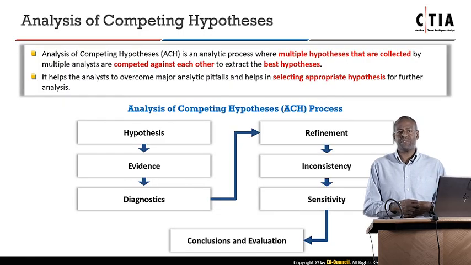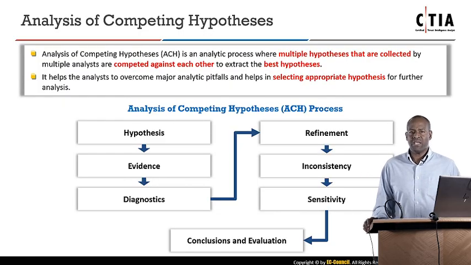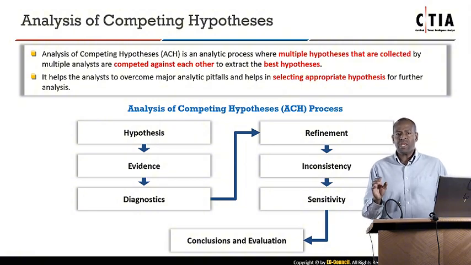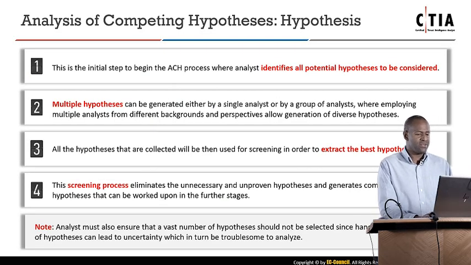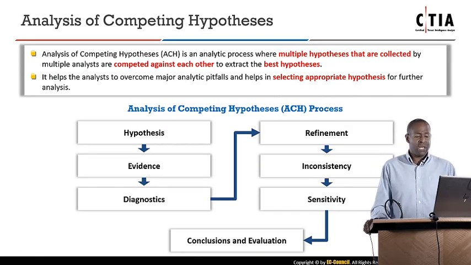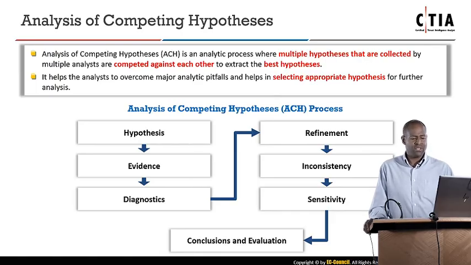One of the most important things that we'll see in this process is looking at all of the hypotheses, gathering the information, and determining where we want to go from there. So let's have a look at the process of analyzing competing hypotheses, and we're going to go into each one of these to a higher degree.